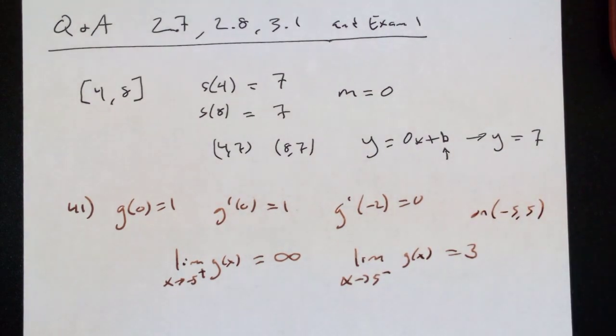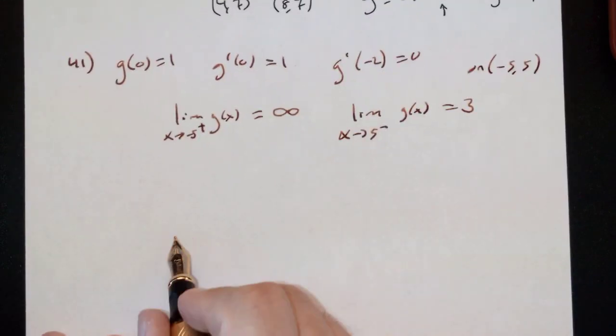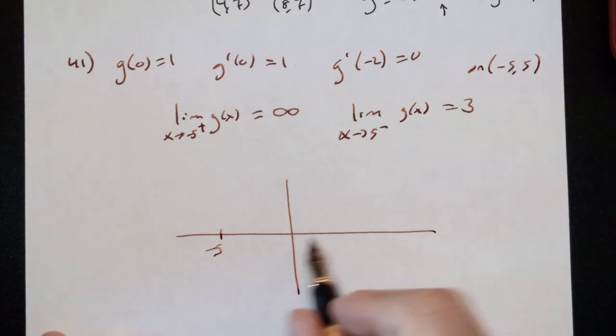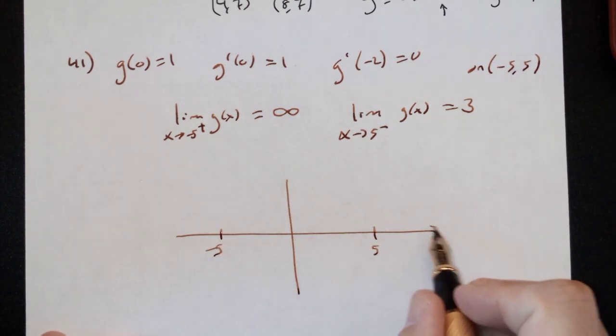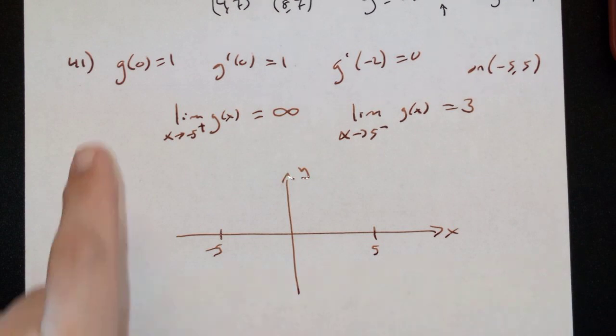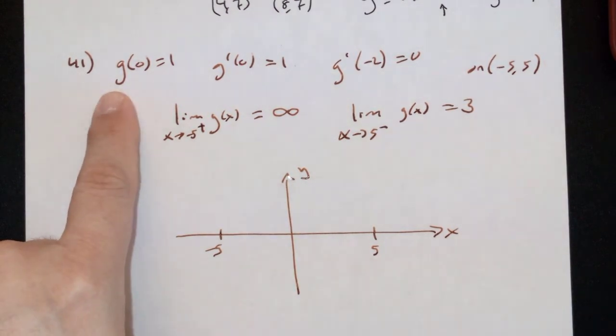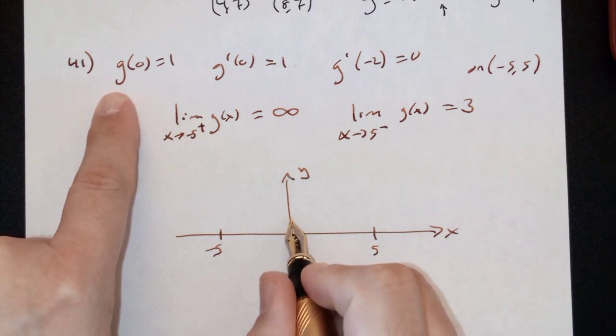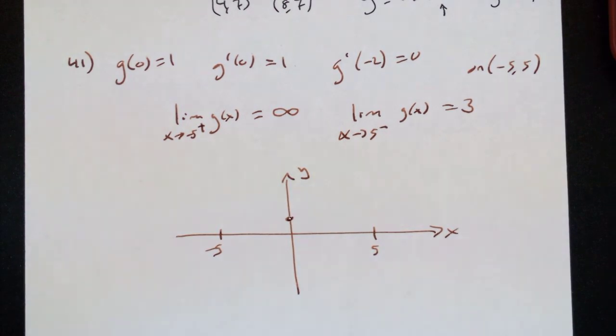So I can start by saying I only look at part of the x-axis. I only care about what's going on between those 2 points. G of 0. That's a y value. When x is 0, y is 1.